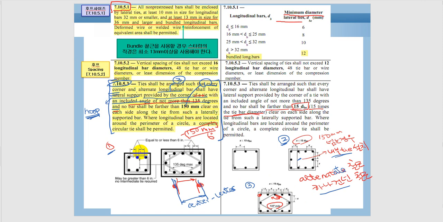So we have 3 subsections, 3 sub-requirements, 1 and 2 and 3 from 7.10.5.3. Now you're ready to understand all these sentences, which are very condensed, very easily, right? Any questions? This is a very important section for designing and constructing columns.